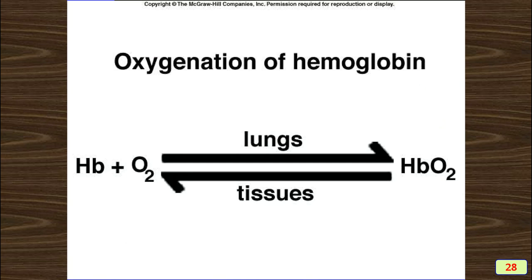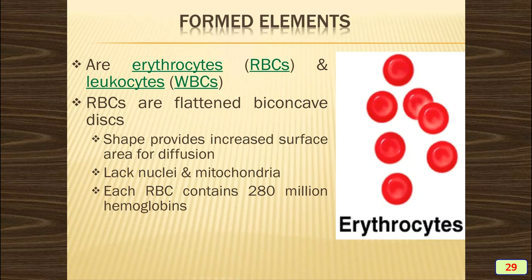Usually this hemoglobin gets saturated with oxygen, and it forms carboxyhemoglobin. Then it gives up the carbon dioxide. The formed elements are the erythrocytes, and RBCs are flattened biconcave discs.